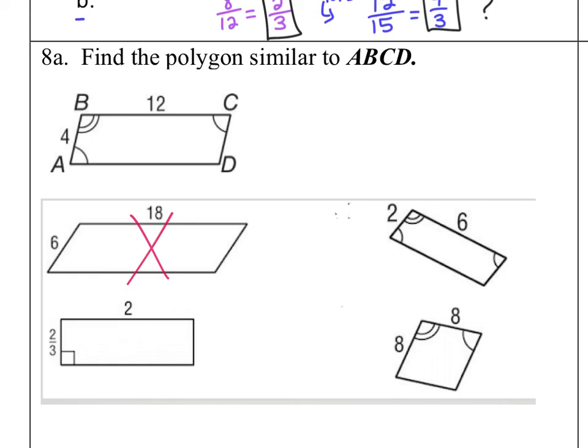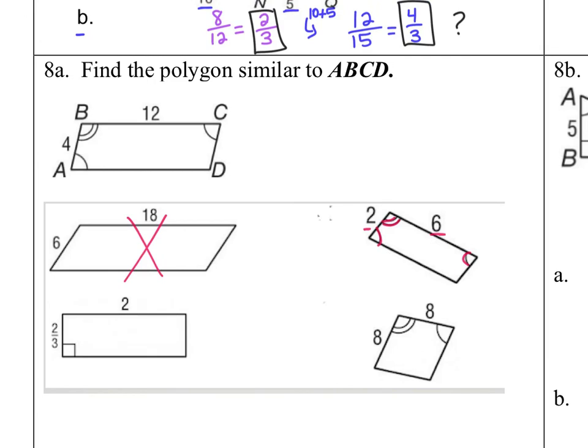Okay, the second option, we have marks of congruency. Okay, we have another mark of congruency and side lengths. So let's test out those side lengths in comparison to our initial image. Okay, so I'm going to say big over small, so 4 over 2 equals a scale factor of 2 over 1, which is just 2.